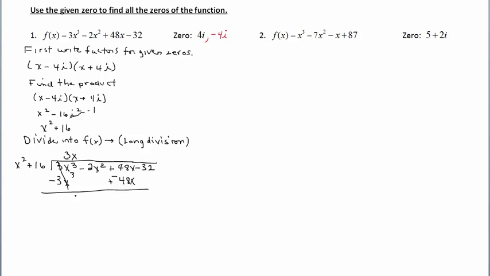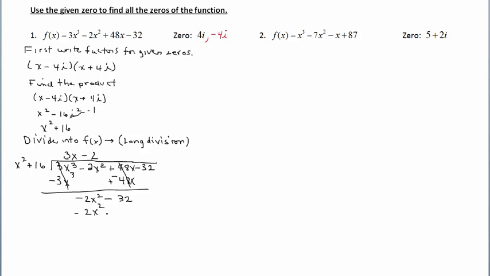Conveniently, those will cancel. Bring down negative 2x squared. Bring down minus 32. Start the whole process over again. What do you multiply x squared by to get negative 2x squared? We're going to multiply by negative 2. Going back and distributing, we're going to get negative 2x squared.